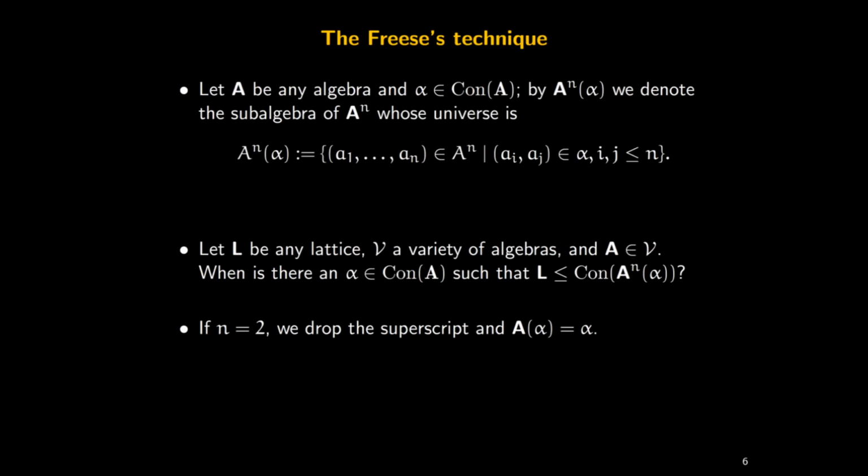So in almost all the cases, n will be fixed to 2, but in some cases not. And also we will define what are the admissible lattices of a variety. They are simply the set of all lattices that are sublattices of some congruence lattice of an algebra in the variety.